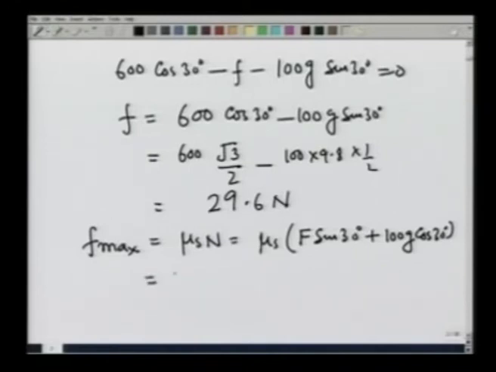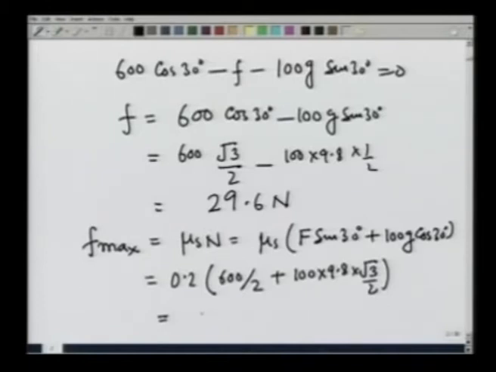So, in this case this will come out to be 0.2 times 600 divided by 2 plus 100 times 9.8 times square root of 3 by 2. This number you can calculate comes out to be 229.74 newtons.